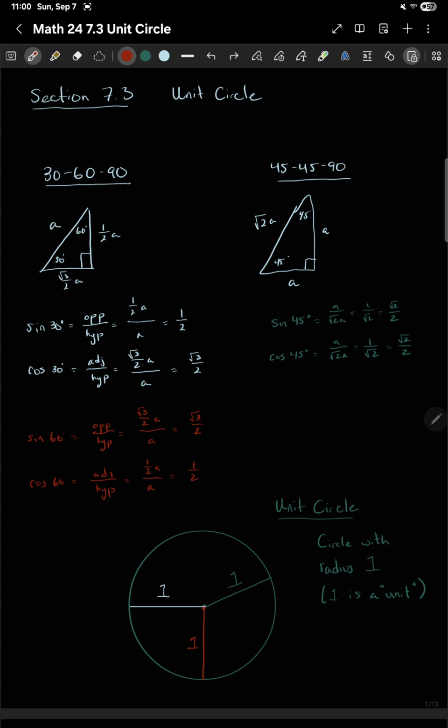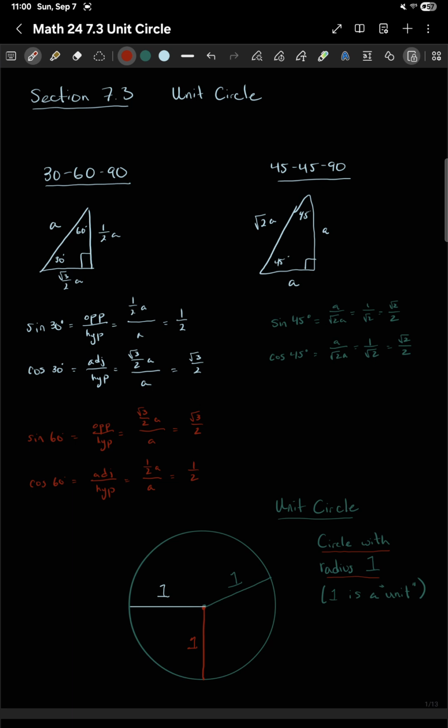So this section is titled the unit circle. And what is the unit circle? Well, a unit circle is just a circle with radius 1. All that means is the radius of the circle is 1. We're not giving it a unit in terms of feet or meters.